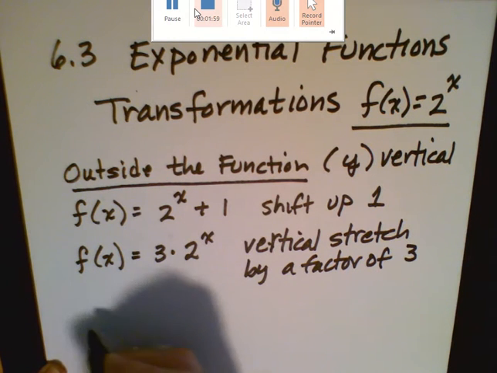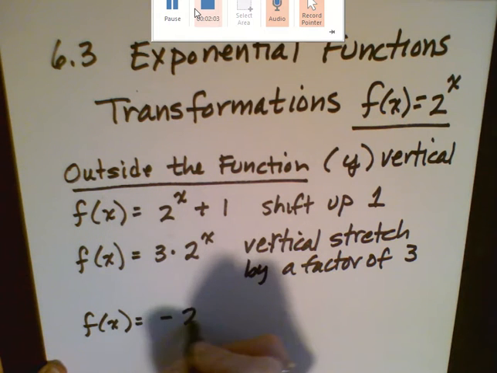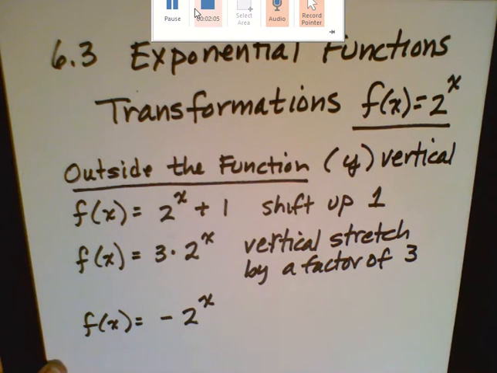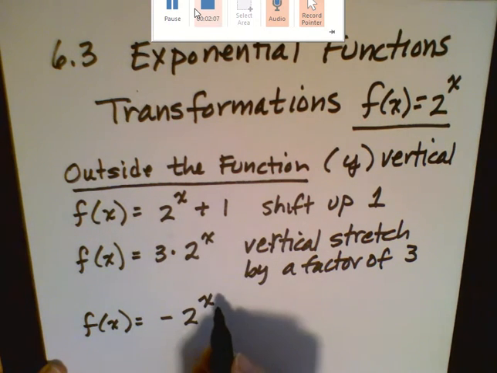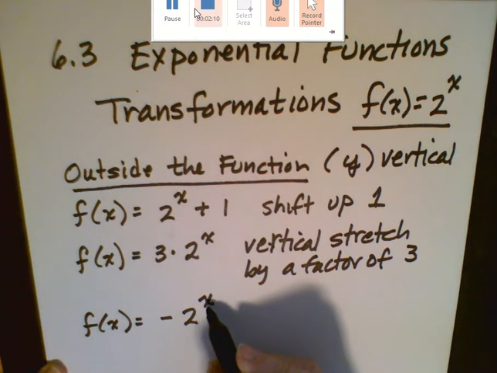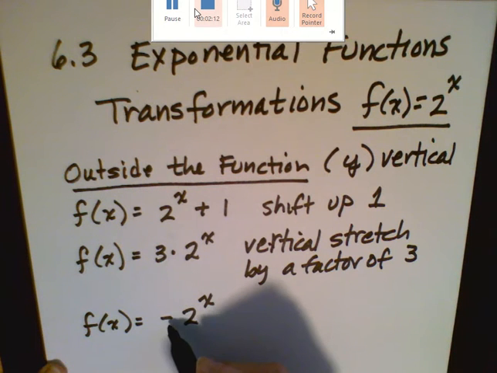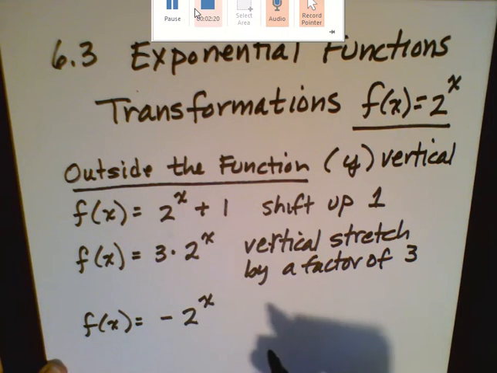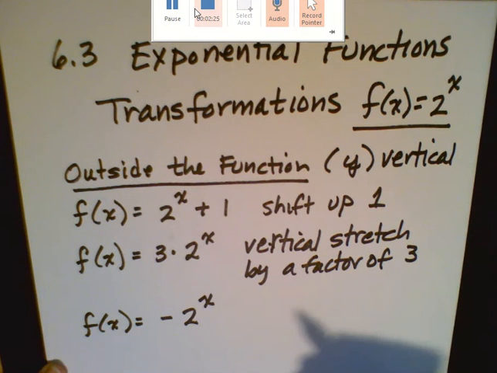And here's one other way we could have a transformation outside of the function. This does not mean raise negative 2 to the x power. This means raise 2 to the x power, then apply this negative. That's done last. Exponents come before. This is considered multiplying by negative 1, and that is multiplication. Remember your order of operations. Exponents come first, so you would raise to the power, then put the negative on.